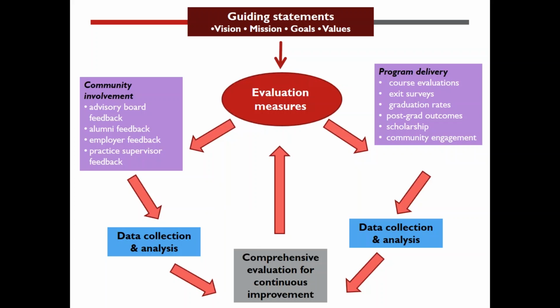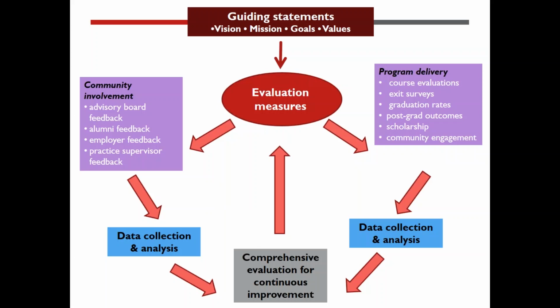But you'll see over on the left in the purple box that we also require, in an equal way, feedback from the community. So employer feedback is something that is incredibly important. Practice supervisor feedback. Many schools and programs have advisory boards that practitioners serve on and provide a lot of real-time, real-world feedback into the academic program.